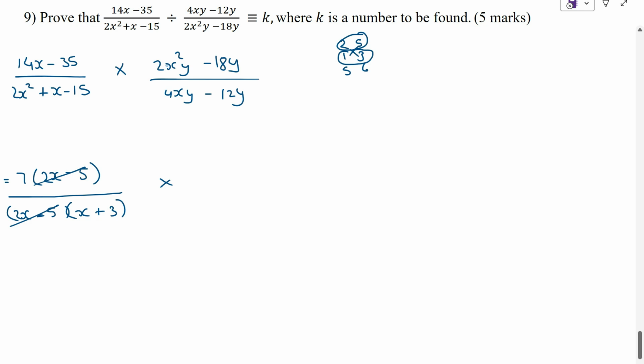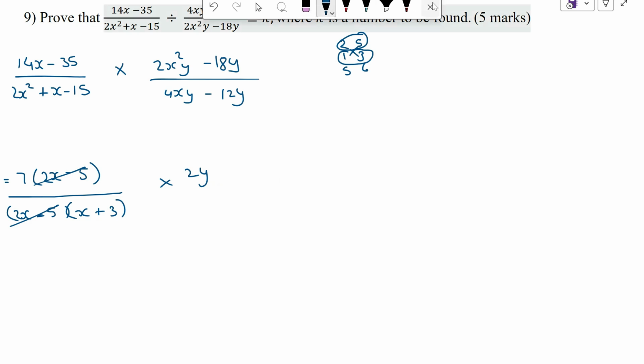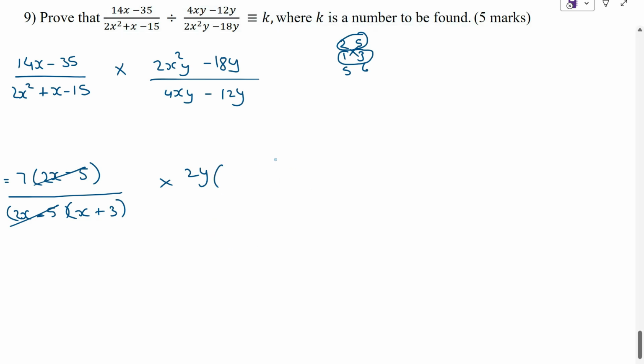For this numerator here, we can see that we can take out 2 and we can take out y as well. So we're going to multiply that with x squared minus 9. And again, x squared minus 9 is the difference of two squares, so that can be further factorized into double brackets with x plus 3, x minus 3, all over this denominator here.